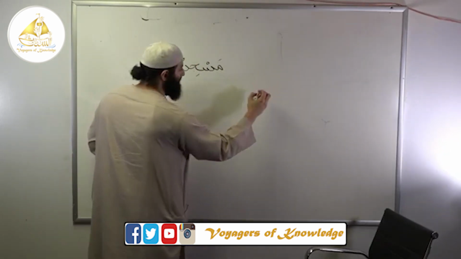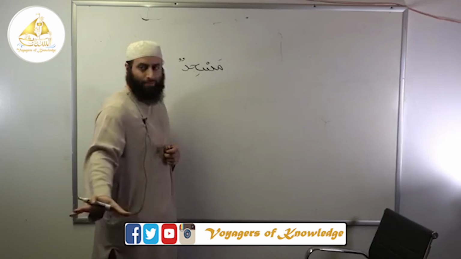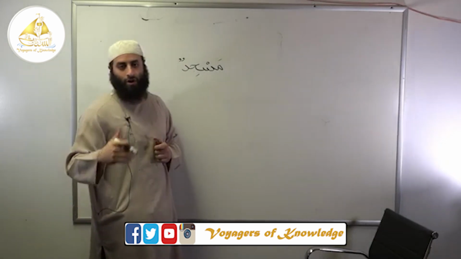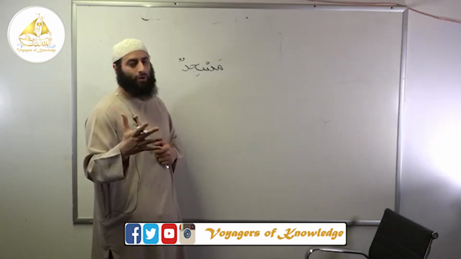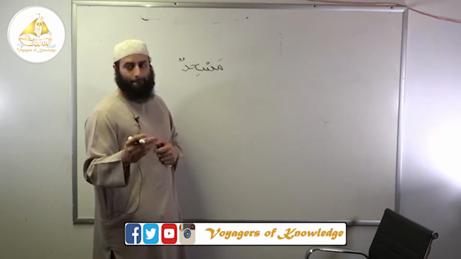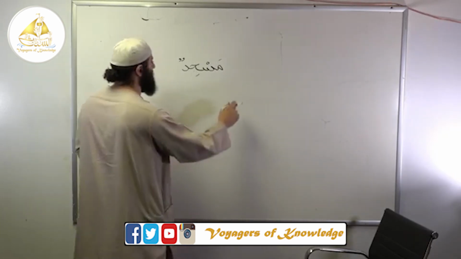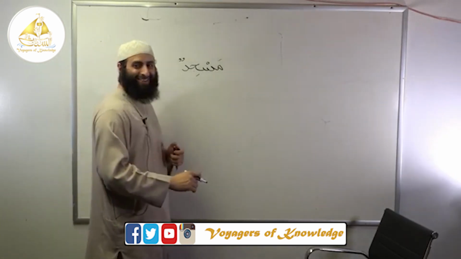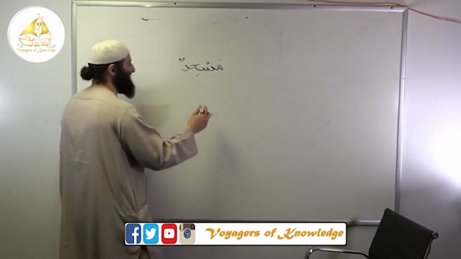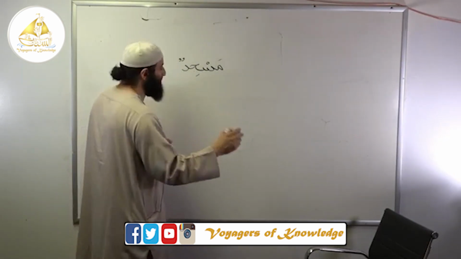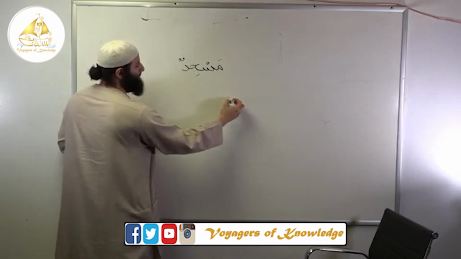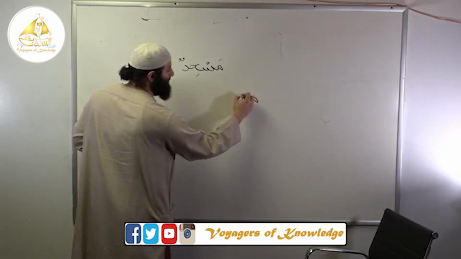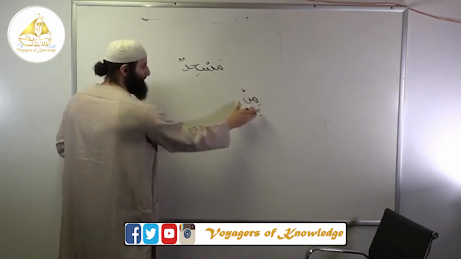When min comes in front of it, or any harf jar, read all 5 that we've taken so far. Min, ila, an, ala. It's good, but it's got to be in that order. Okay, so we're going to use min since it's the first one we took. Min. This is a harf jar.